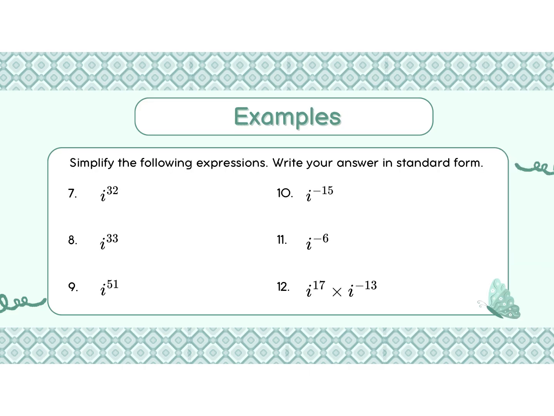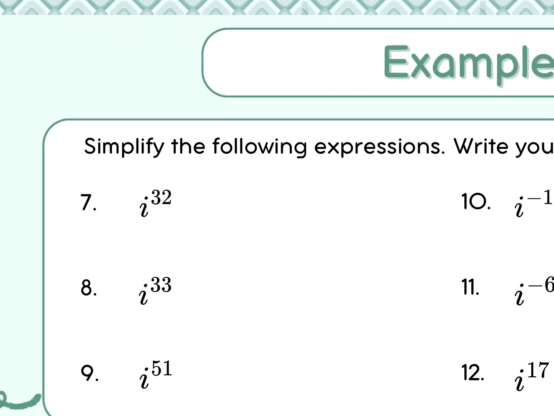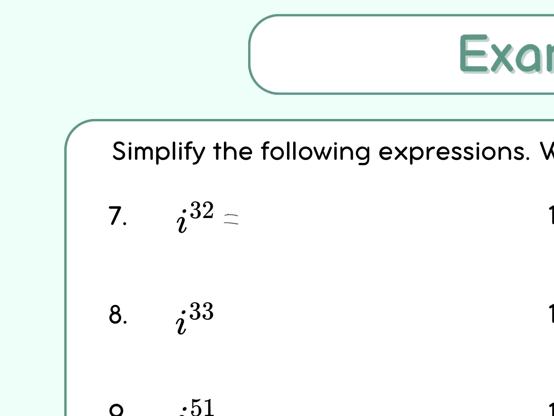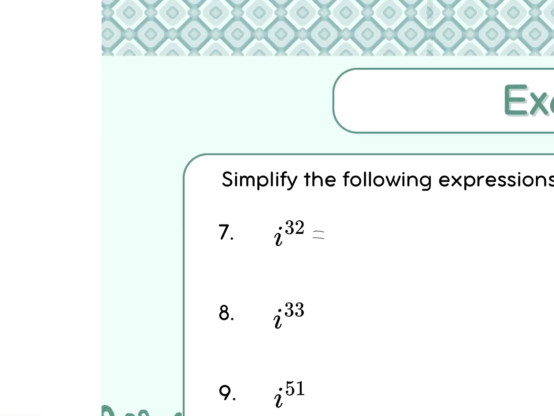All right, so something like i to the 32. I'll do the first method, so I'll do long division. I'm going to divide by 4. If you notice, every 4 exponents, the cycle repeated. So I can divide 32 by 4, and we know that 4 goes into 32 8 times.